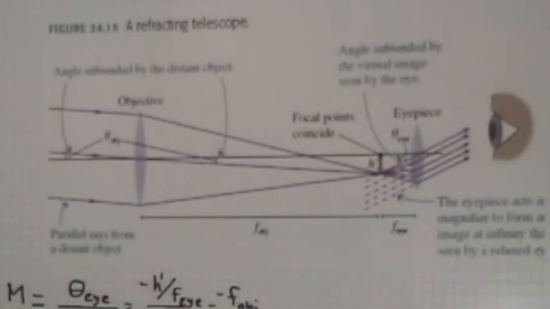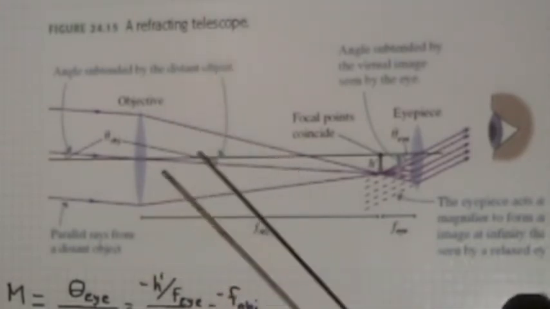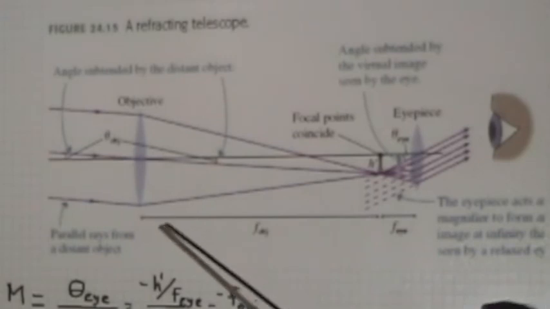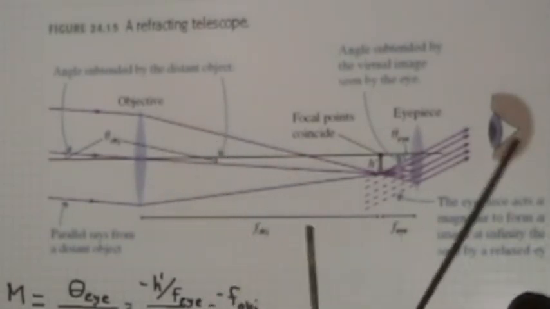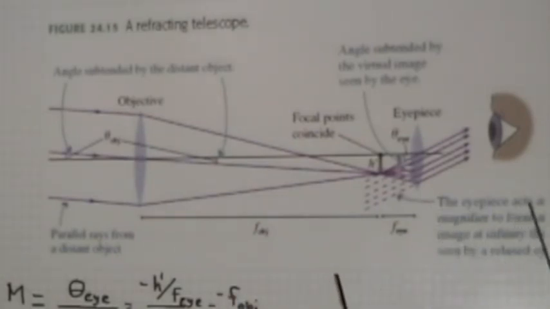Of course, as I said, you want to make the focal length of the objective big to get bigger magnification. So the end of the telescope, the one that is pointing at the stars, must have a big opening, typically, because you want the focal length to be big. And if you're using a lens, the focal length is related to the radius of curvature.